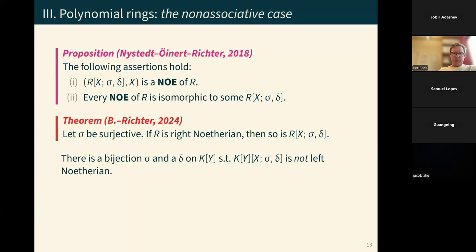So strangely, you cannot lift this property of being left Noetherian even though sigma is a bijection, which was a bit surprising to us, that this Noetherian property seemed to have something to do with associativity. You would think maybe that it had to do with commutativity. Left and right would be distinguished by non-commutativity. But here something different happens, which I think I will get back to later.